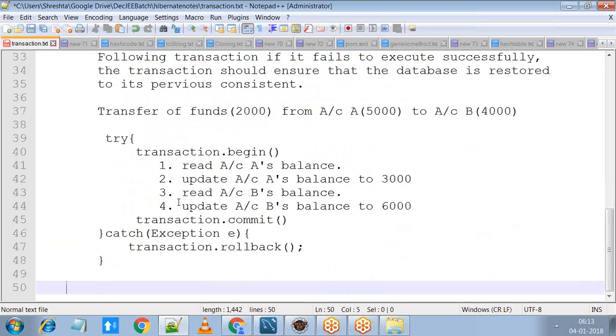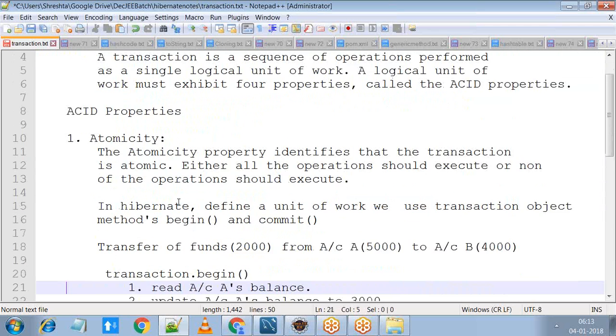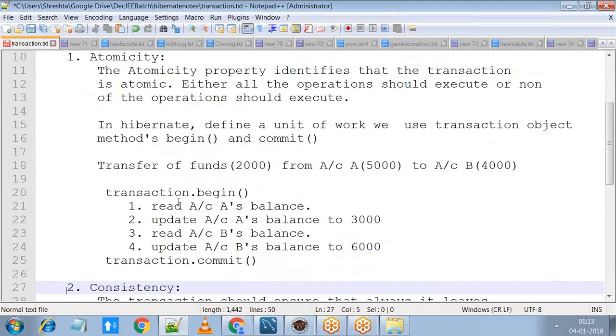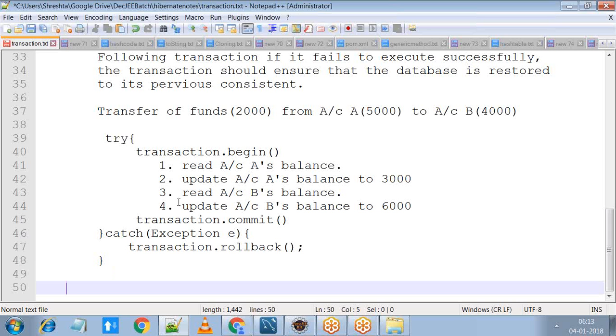Here we are working with these ACID properties. So we saw atomicity, we discussed consistency in the last class. So now, first I will talk about durability and then isolation.